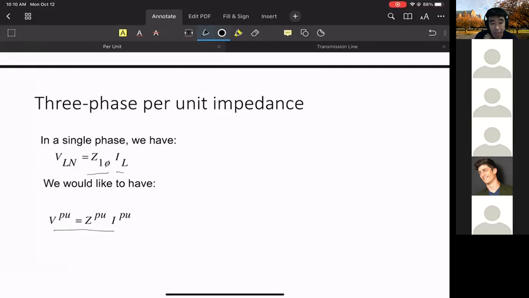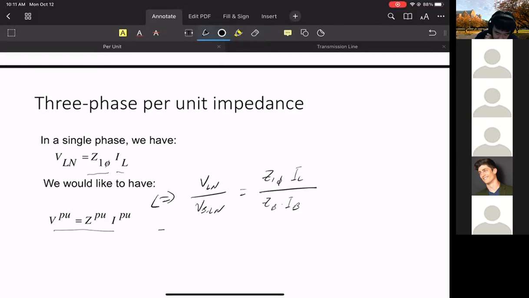So here we want the line-to-neutral voltage divided by the base line-to-neutral voltage. By definition, this is the single-phase impedance times the base impedance times the base current.